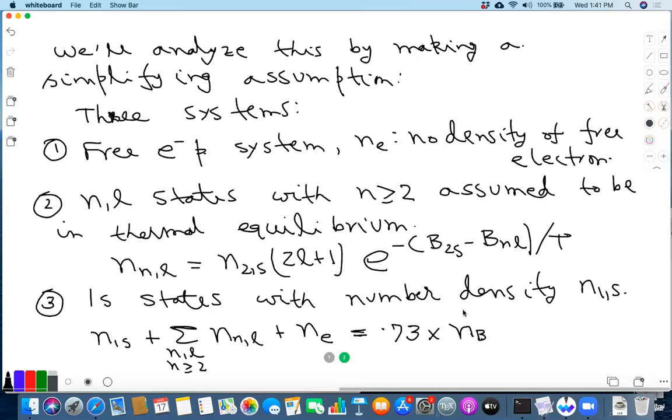Because a fraction of the baryons go into the helium, and the corresponding electrons have already gotten bound. So this counts the number of leftover protons, which is the same as the total number of electrons.